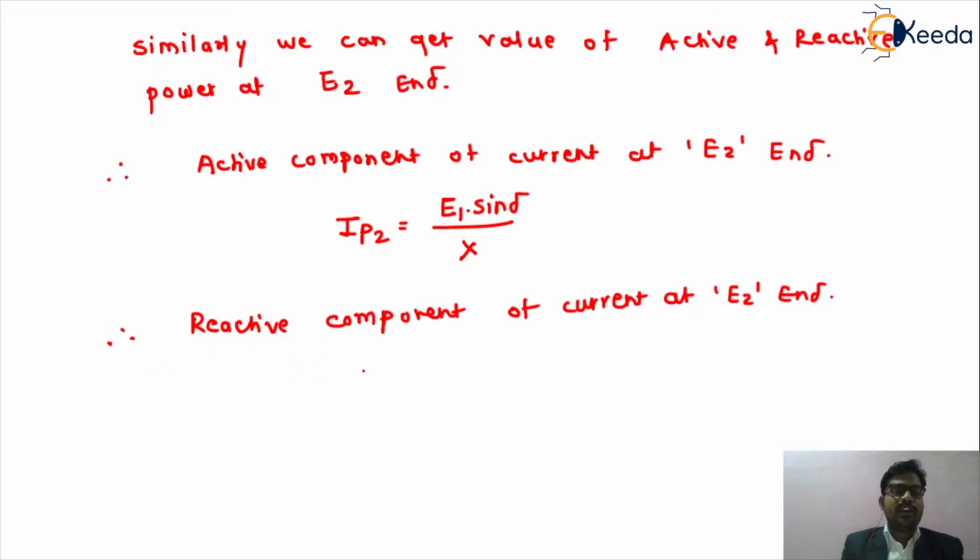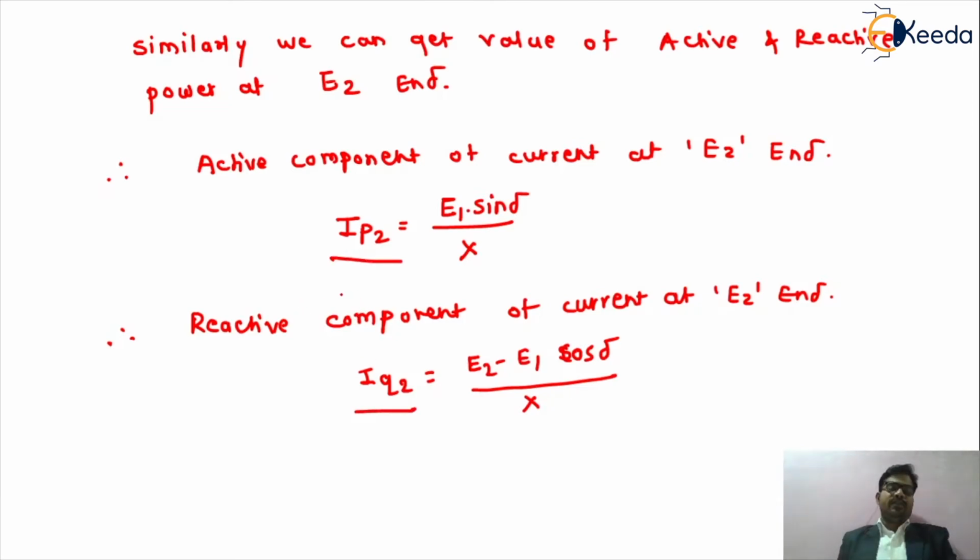Okay, so we are getting this value IQ2. So what is the value of IQ2? That is E2 minus E1 into cos del divided by X. So basically we are getting this value of IP2 and IQ2 from the basic phasor diagram.